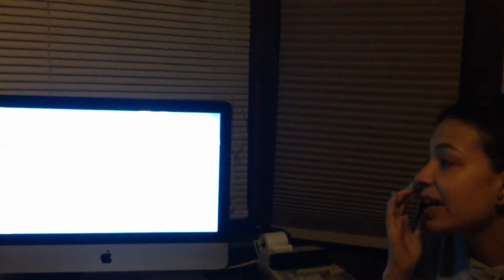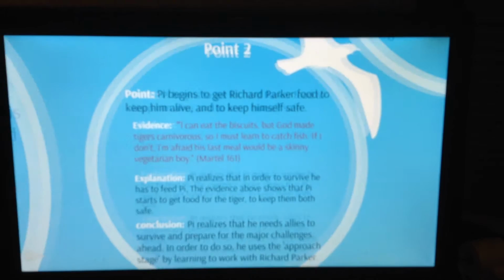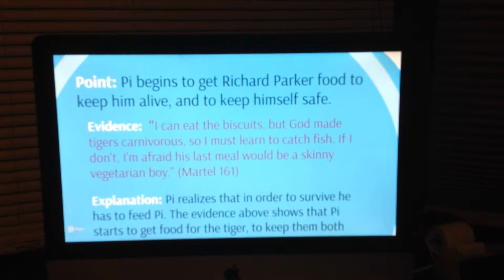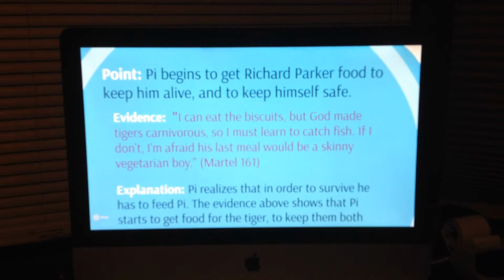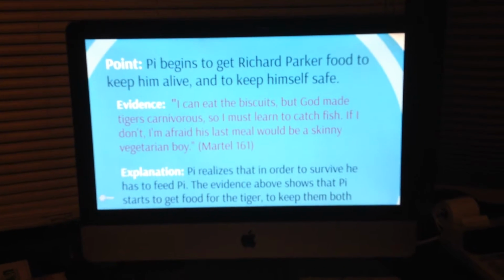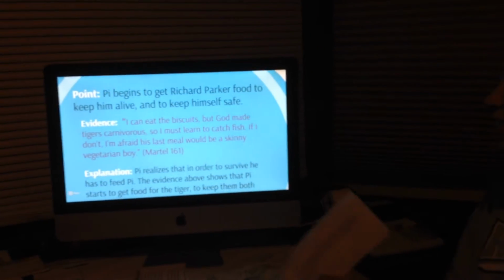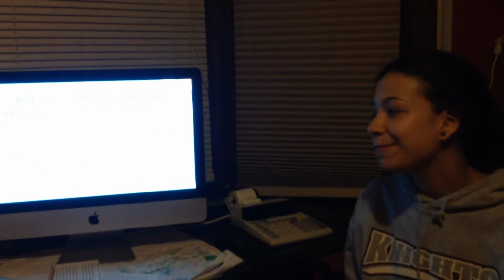Pi begins to get Richard Parker food to keep himself alive and safe. The evidence that I found in this novel was when Pi said, "I can eat the biscuits, but God made tigers carnivorous, so I must learn to catch fish. If I don't, I'm afraid his last meal would be a skinny vegetarian boy."